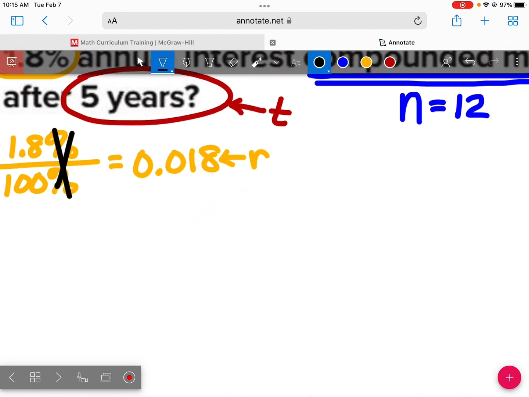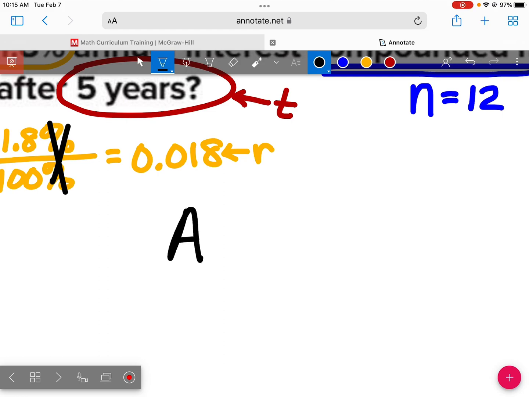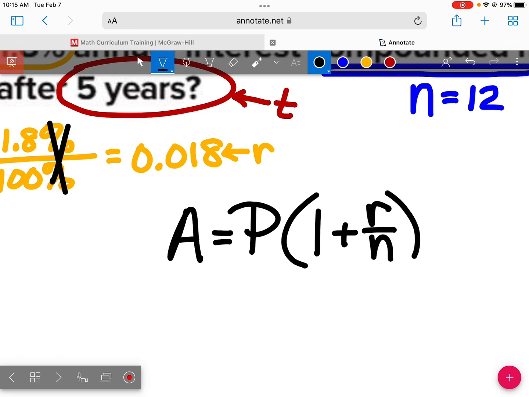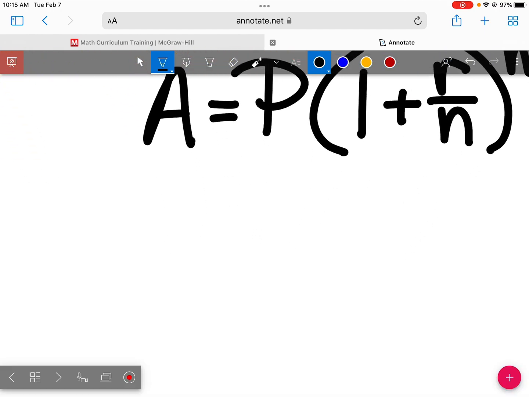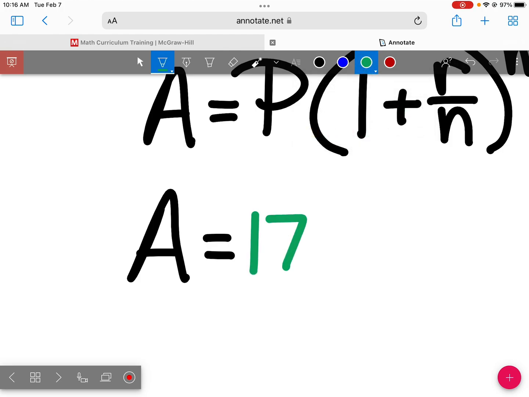All right, so our formula for compound interest, capital A equals capital P times 1 plus R over N to the power of NT. Let's substitute in what we know. Which one of those letters do I not have any information about? A. So A equals, what do I put in for P? 1,700.